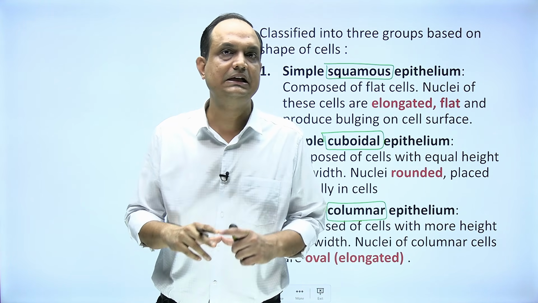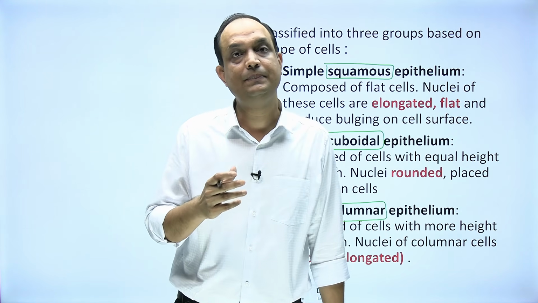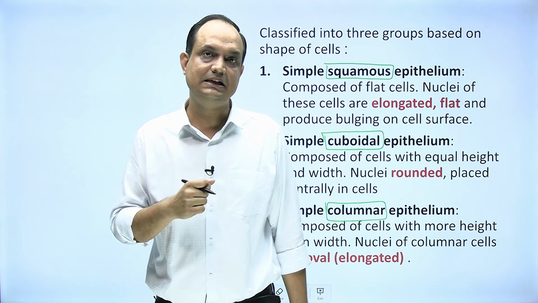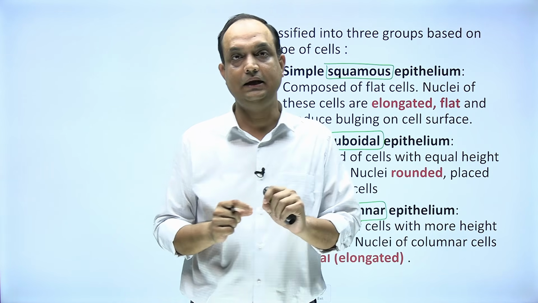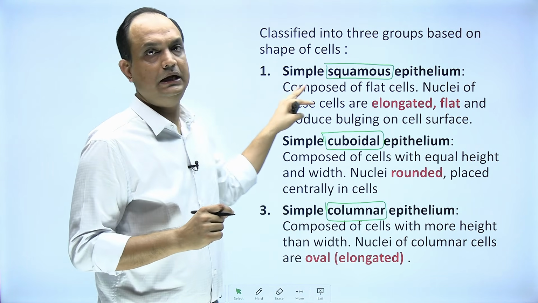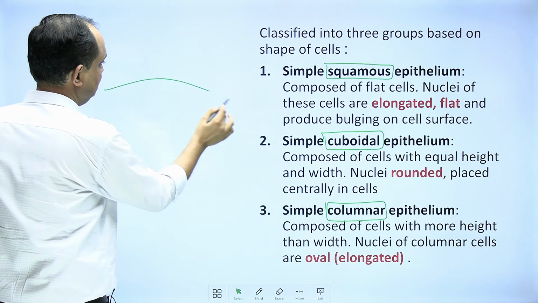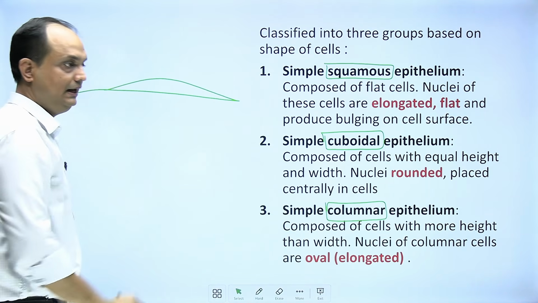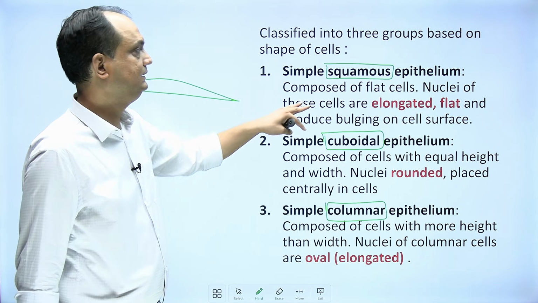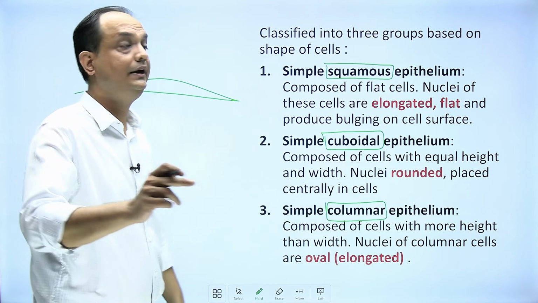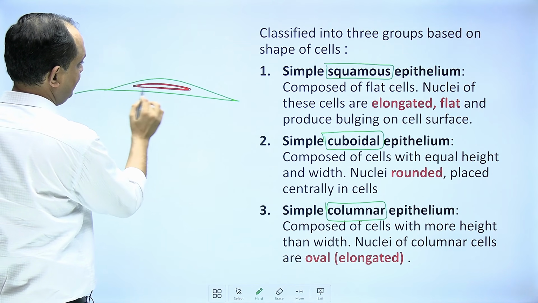Because the shape of the cells is defined, but in some cases we are not able to appreciate the shape of the cells, so we have to concentrate on the nuclei again. Theoretically, you know that squamous cells are flat cells. If you see the nuclei, it is elongated and flat. So you will find flat and elongated nuclei.